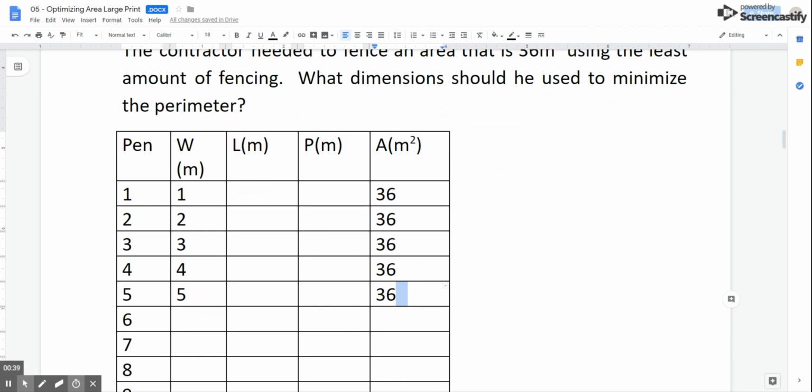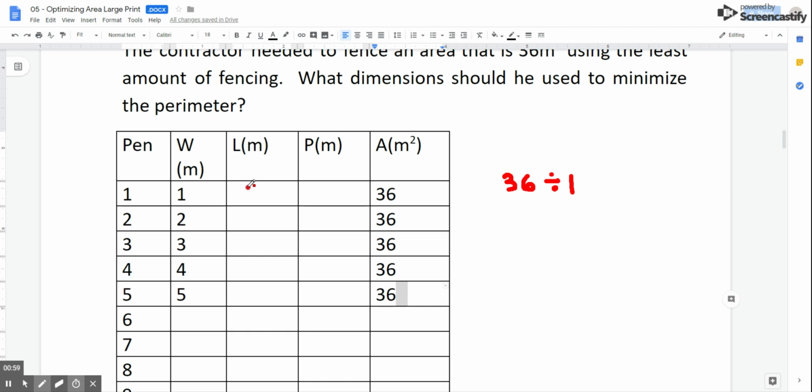The formula for area is length times width. So if you're given the area and you have the width, to find the length, you divide the area by the width.